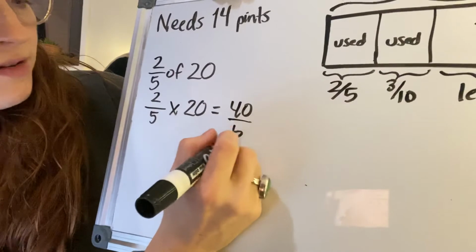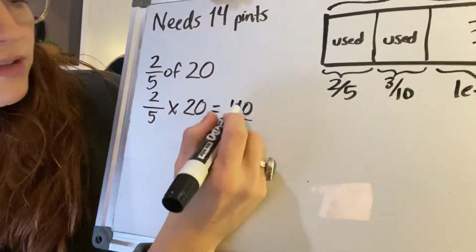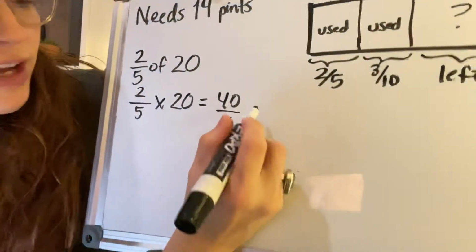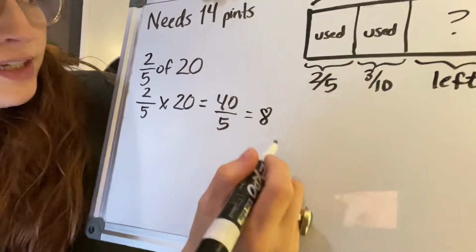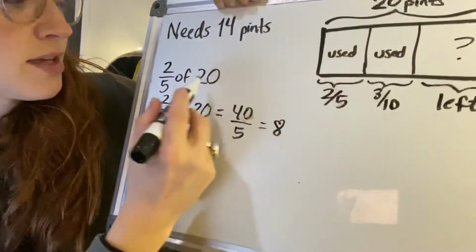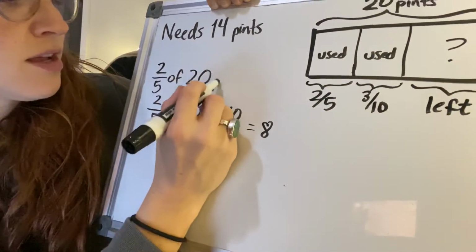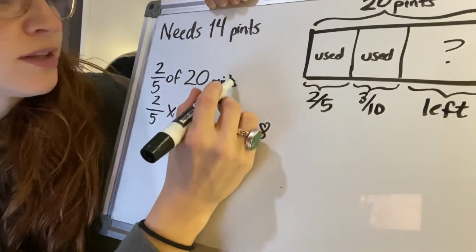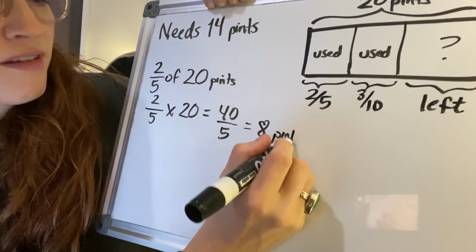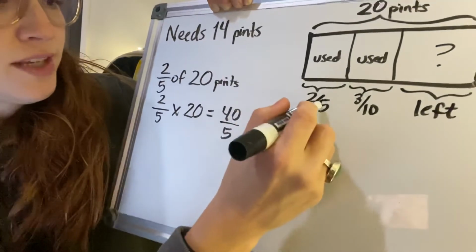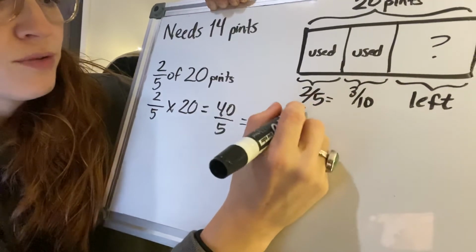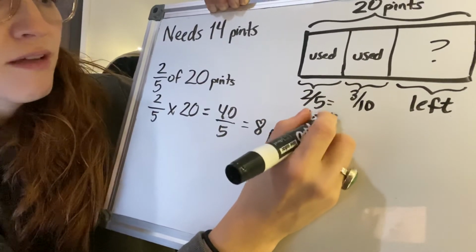Keep the denominator. So we have 40 divided by 5. That's the same thing as 8. And remember, we were talking about pints. 2/5 of 20 pints, so our label is pints. So this is equal to 8 pints.